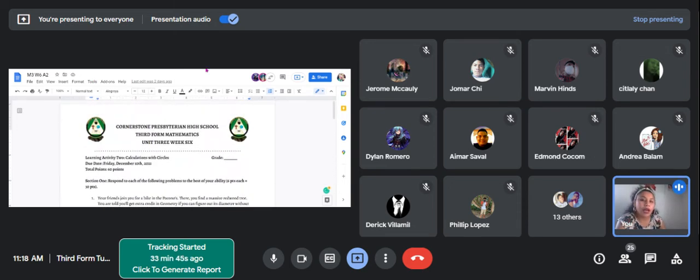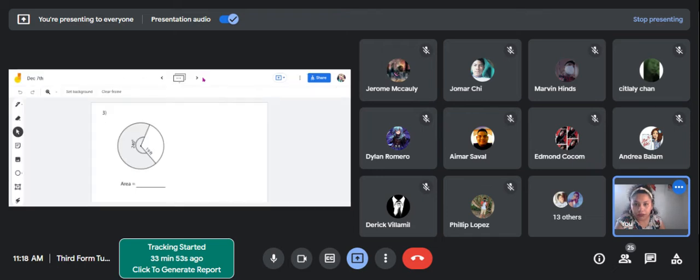But let us do the last one that I have here, number 3. And then that will be it for today's class. Using the formula again, area is equal to theta pi r squared over 360 degrees.